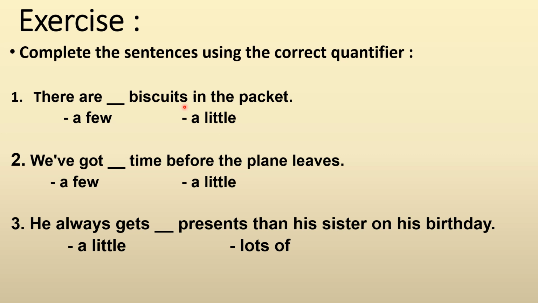Biscuits is a countable or uncountable noun? Excellent. This is a countable noun. Which quantifier comes before a plural countable noun? Is it a few or a little? Excellent. A few. Bravo.